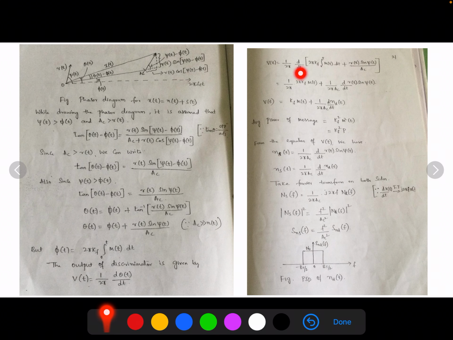Here 2 pi gets cancelled. It is kf into m of t plus 1 over 2 pi AC into d by dt of r of t into sine psi of t. It is nd of t. So that is the average power of the message signal. It is given by kf square into m square, that is kf square into P.